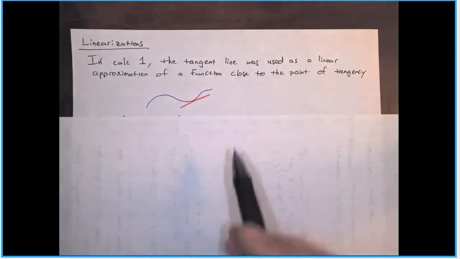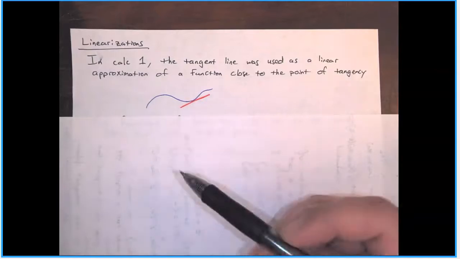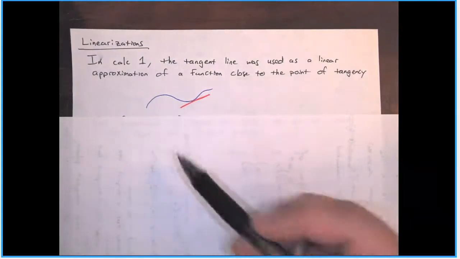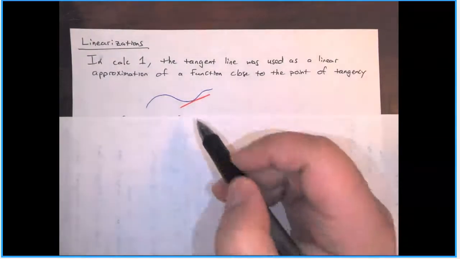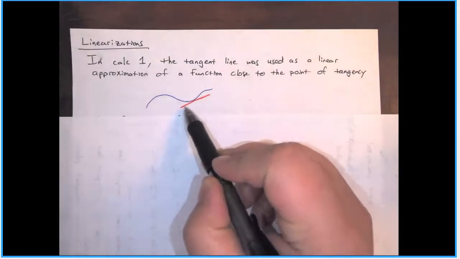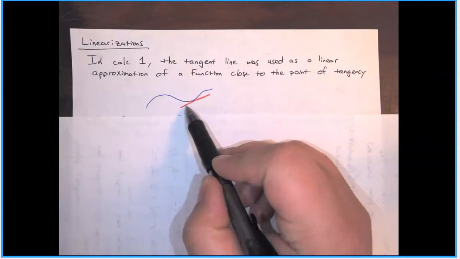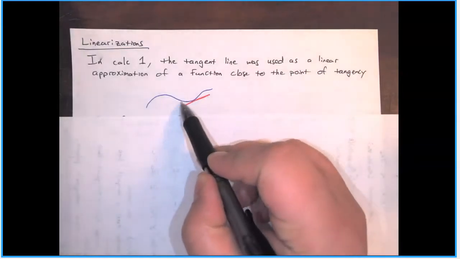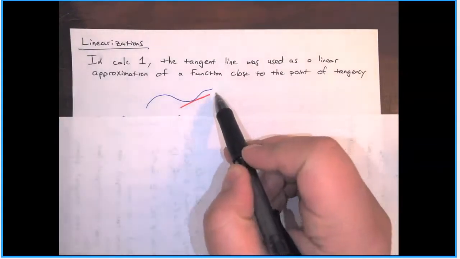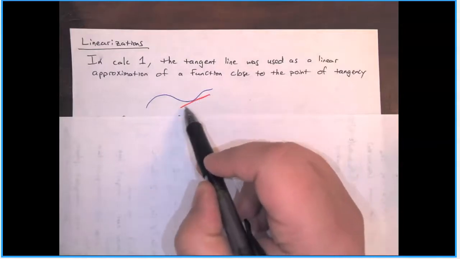And if it's differentiable, we can find the tangent line, where the derivative gives us the slope of this tangent line. And in Calc 1, we'd pick a point, find the equation of this tangent line, and say, okay, close to that point we picked, the tangent line is a good approximation for this function. And this tangent line was usually a simpler equation.